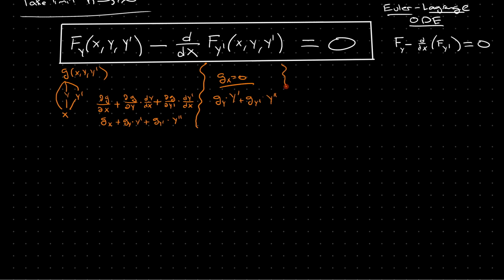And so what that means about this derivative term in the Euler-Lagrange equation is that this will reduce to just this expression right here, but with fy prime in place of g.